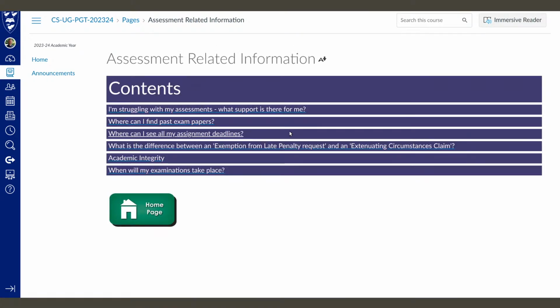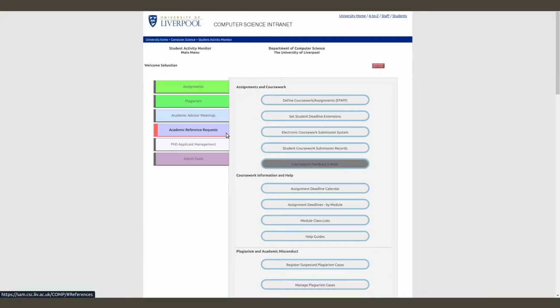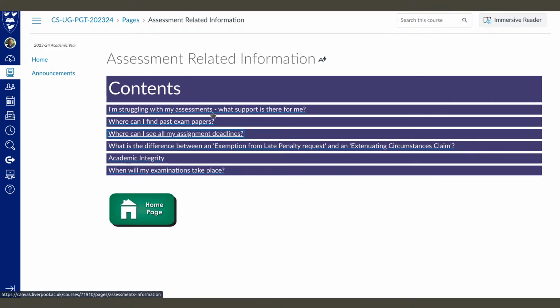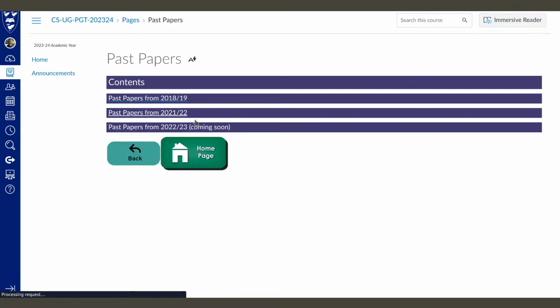If this is the first time you hear about it, I'm a little concerned that you might have missed other things. Sorry, I was clicking the wrong thing. Past exam papers. Okay, coming soon, shortly after the exams, I guess. That's okay. I'll put it on CampusWire then.